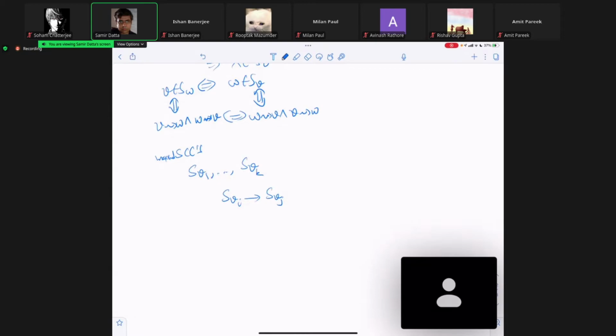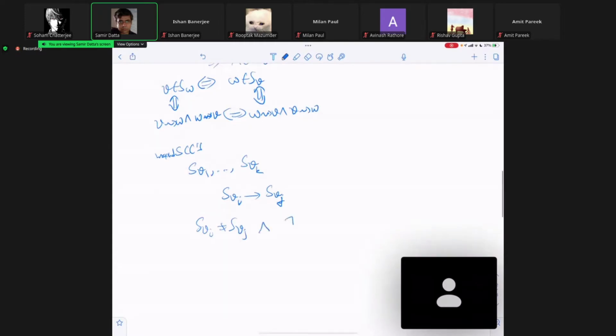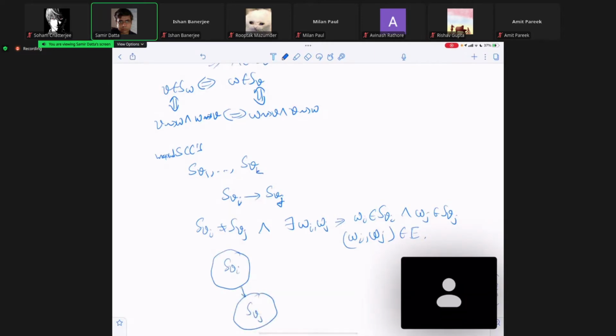We put an edge from SVi to SVj if SVi is not equal to SVj, and there exist wi, wj such that wi belongs to SVi and wj belongs to SVj and (wi, wj) belongs to E. There's a component SVi, there's an SVj here, and there's an edge from some vertex here to some vertex here.